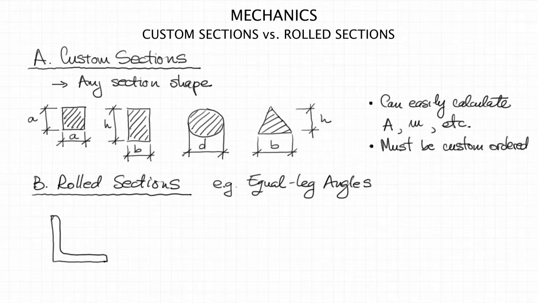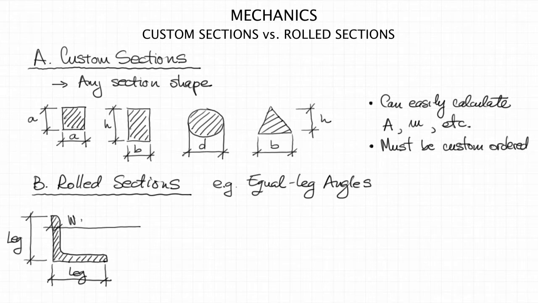It's kind of like the letter L, but if you look carefully, this L is not made of two rectangular areas, because these areas have rounded corners. The two portions of the cross section are called legs, and of course the cross section is defined by a wall thickness.